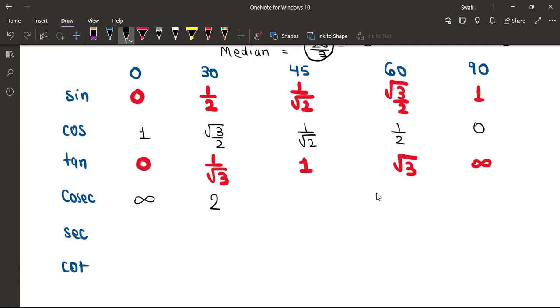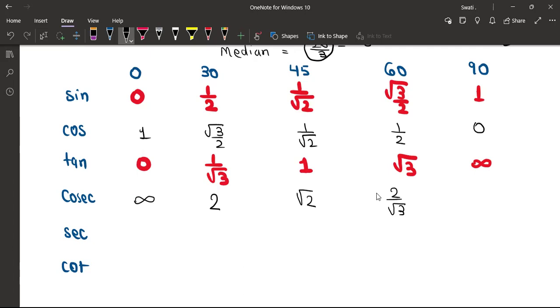Root 2. The values of sine all become opposite, its reciprocal, root 2. That's correct. What will be cosec 60? 2 by root 3, since sin 60 is root 3 by 2, so its reciprocal will be 2 by root 3, right? Yes, okay. And what about cosec 90?